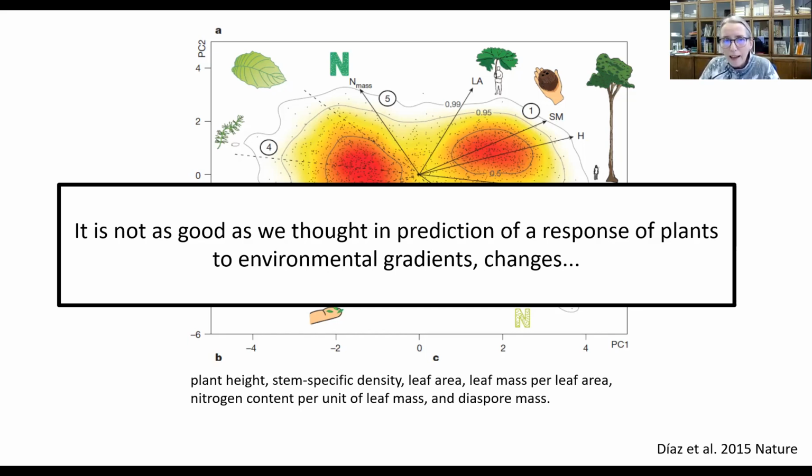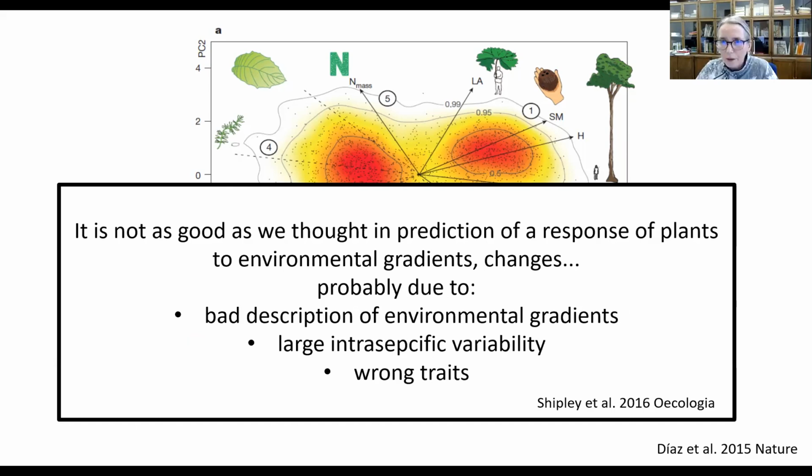On the other hand, those traits probably are not as good as we thought in predicting the response of plants to environmental gradients. So people were not happy. Well, people were thinking why we are not successful in this goal of functional trait ecology.